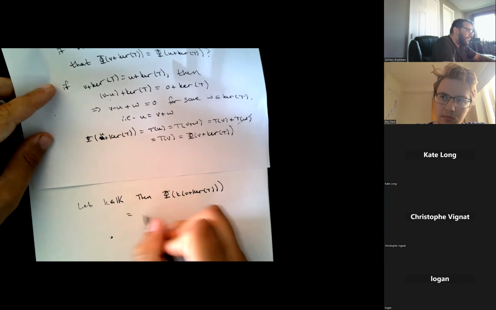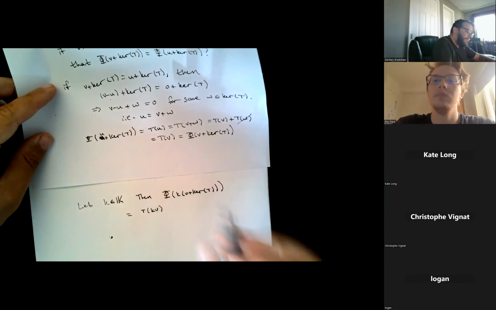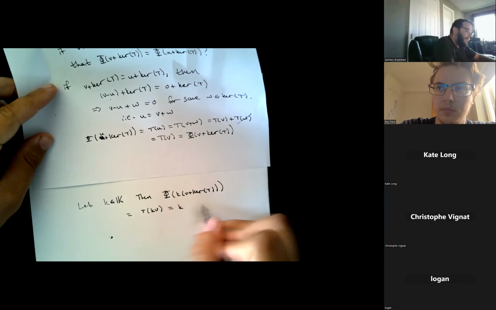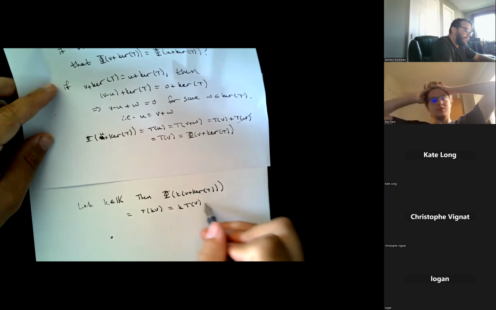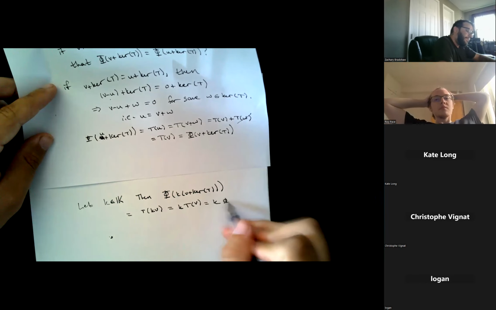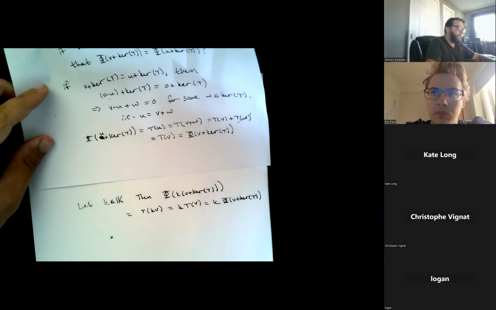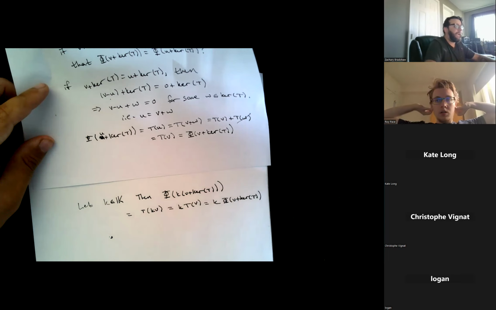Well, this thing by definition is t of kv, right? Because this is kv plus kernel. And t is linear, so we get k of tv. And this thing is k times phi of v plus the kernel. Okay, so we get that property of linearity.